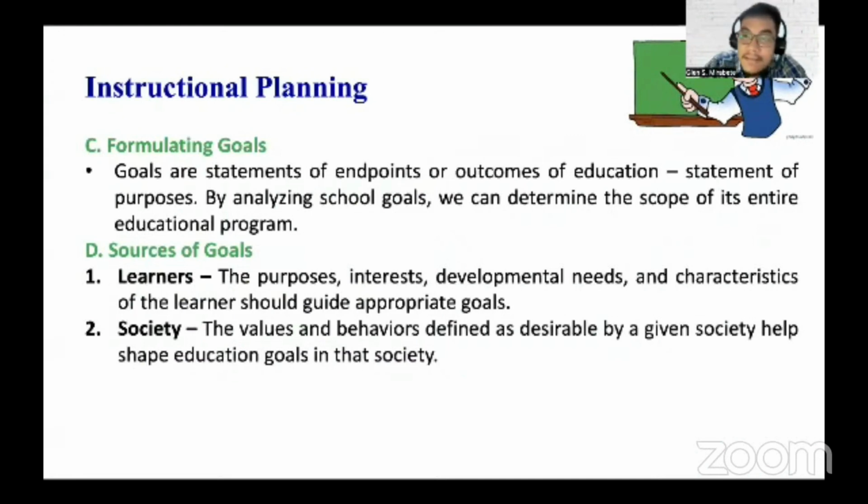And that means the society dictates that kind of culture. And the sources of goals is to manage or to control that kind of timeless values. So, society is really one of the things that we should consider because of the changing landscape.